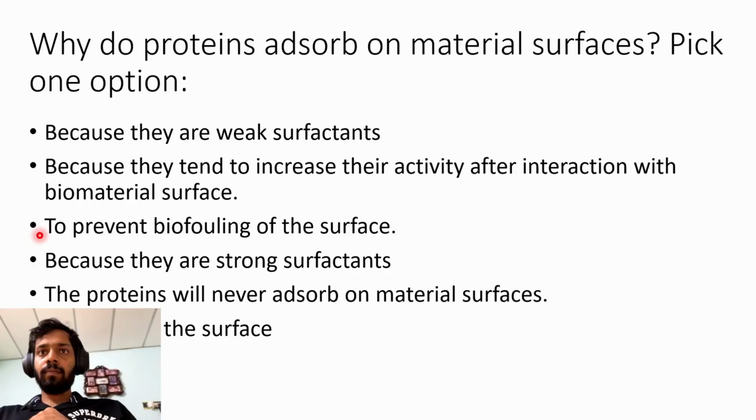So, let's say you have an implant that you've placed in the body of a patient. Something happens, and we call it biofouling of the surface. If you do not treat the implant or do not pay attention to what kind of materials you're using. So, what is biofouling?